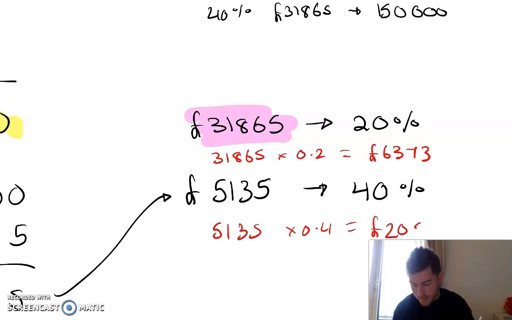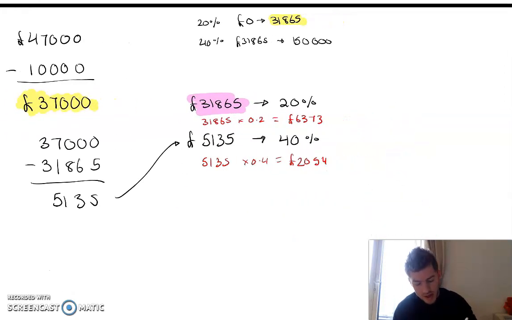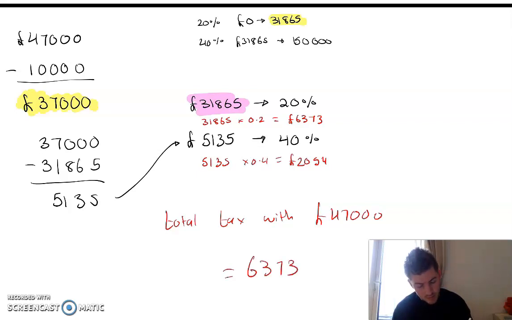You add them up, so your total tax with a salary of 47,000 equals, add them up, 6,373 plus 2,054.